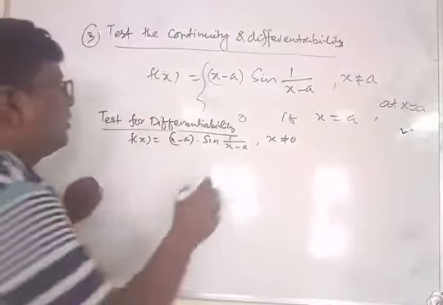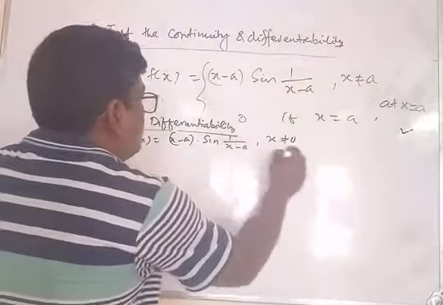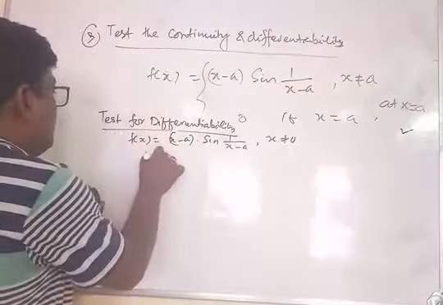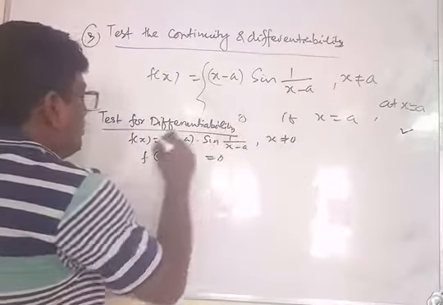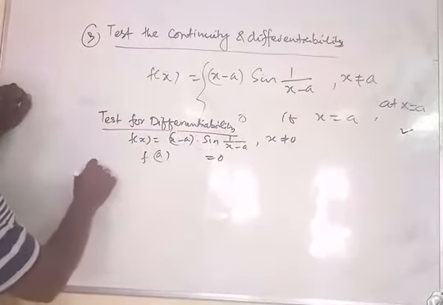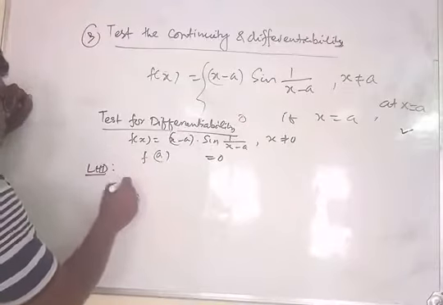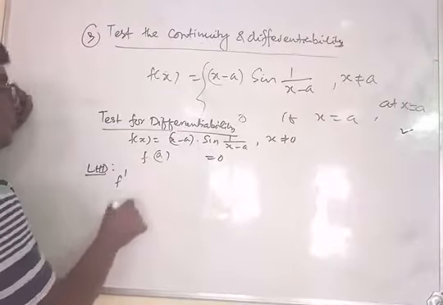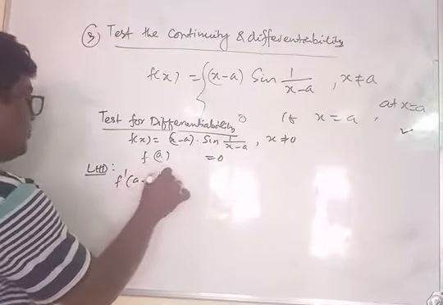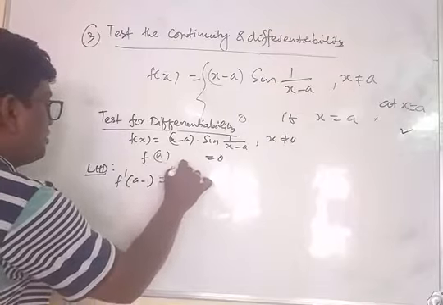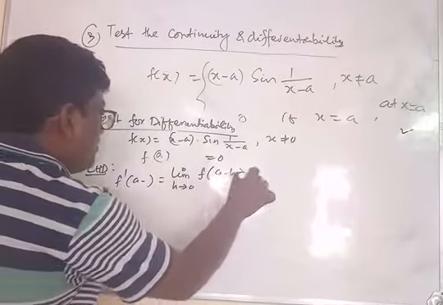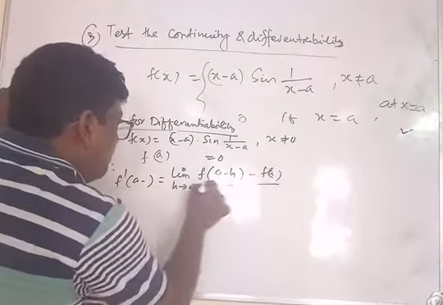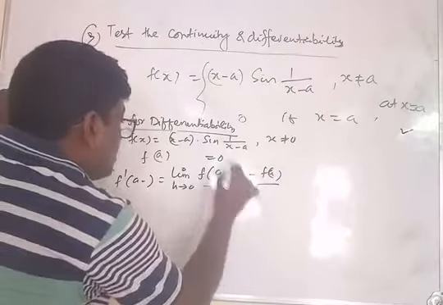Now, f of a is equal to what? Given, f of a is equal to 0. For LSD, f dash a minus is equal to limit h tends to 0 of f of a minus h minus f of a, divided by minus h.